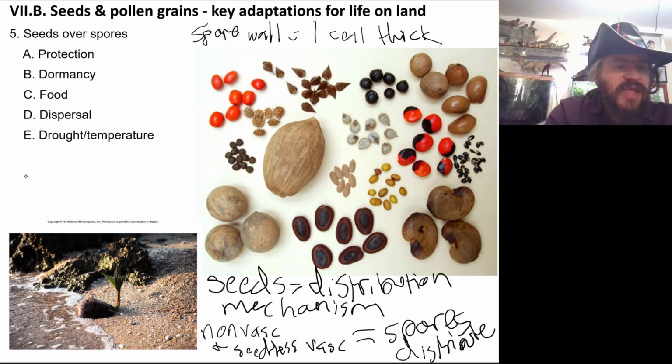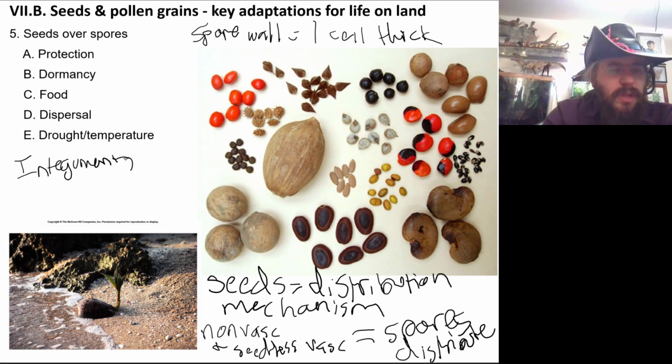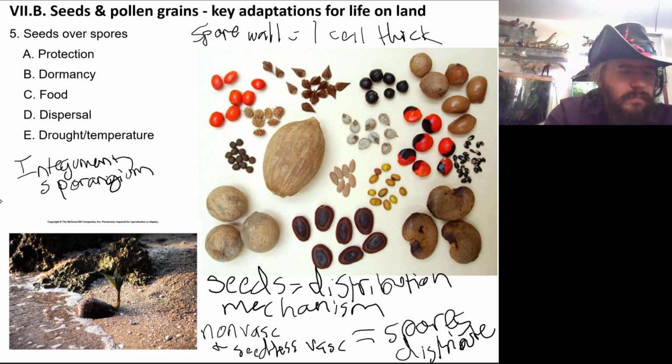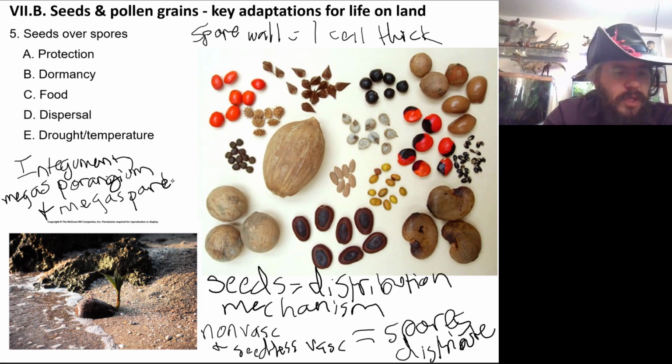So the integument, the sporangium, and the megaspore sort of all fuse together to get our seed wall.